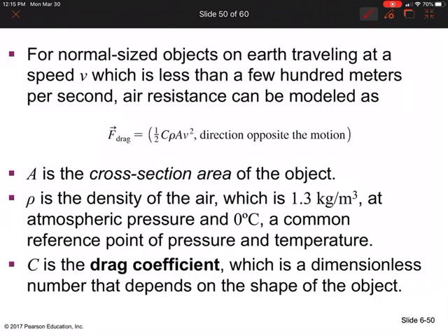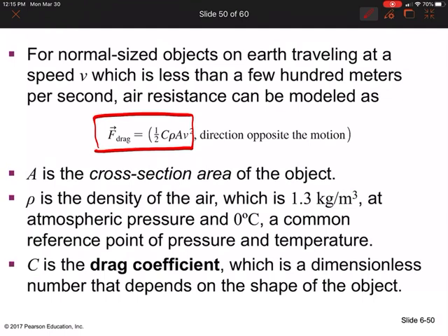So the next slide is saying that for normal sized objects on Earth traveling at a certain speed, you can find the amount of drag by using this equation right here.